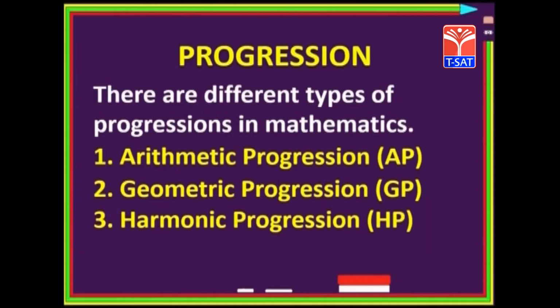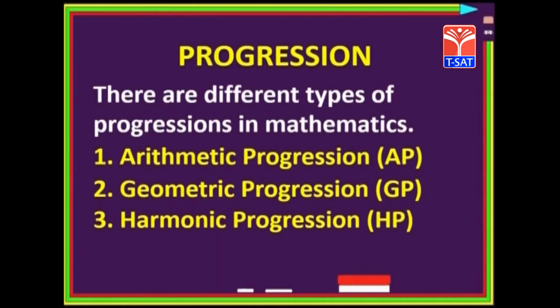Whereas in geometric progression, each term is obtained by multiplying a fixed non-zero number to the preceding number. Similarly, the terms of harmonic progression are reciprocals of the terms of an arithmetic progression. In our class 10th, harmonic progressions are not included. We are going to learn arithmetic progression and a part of geometric progression.